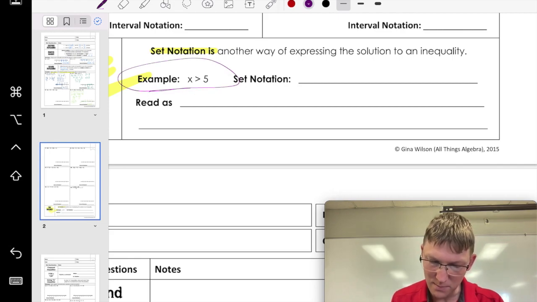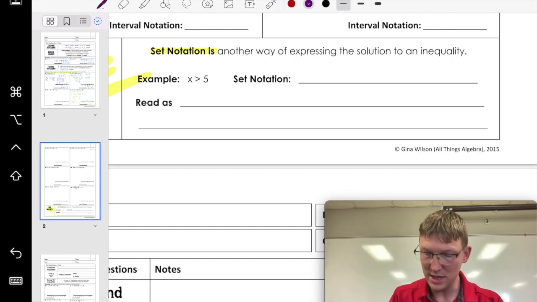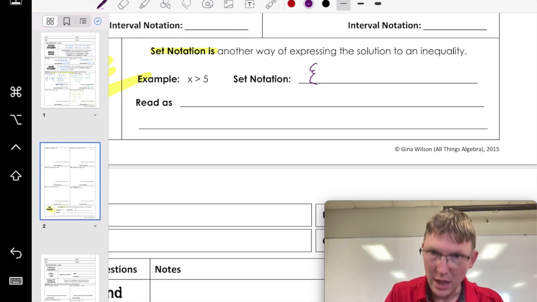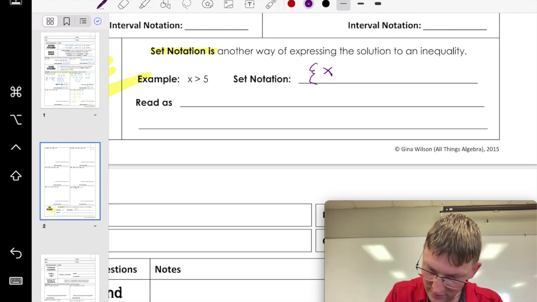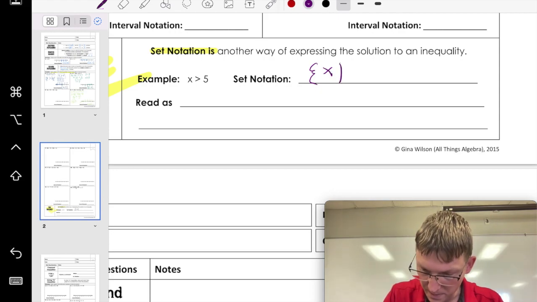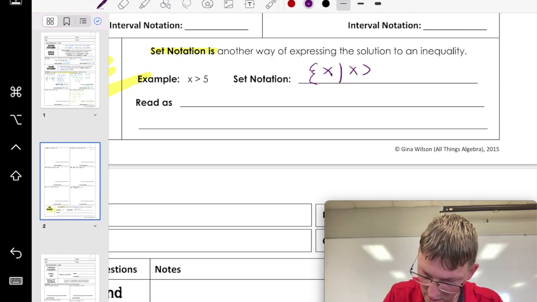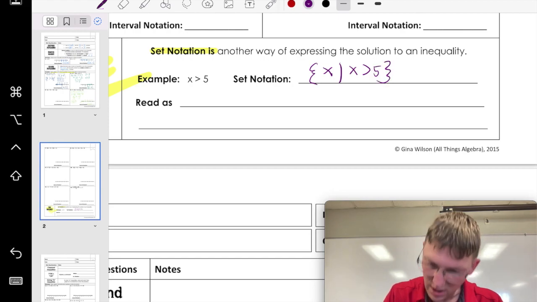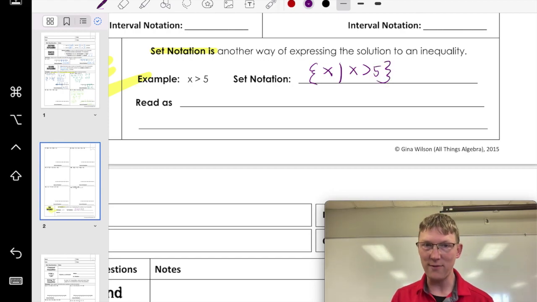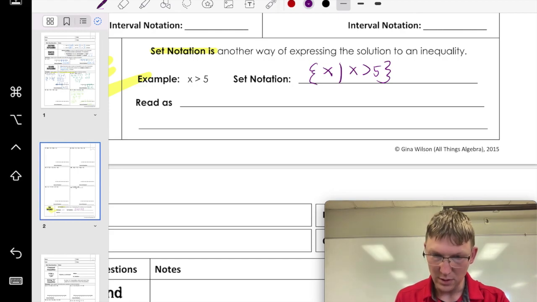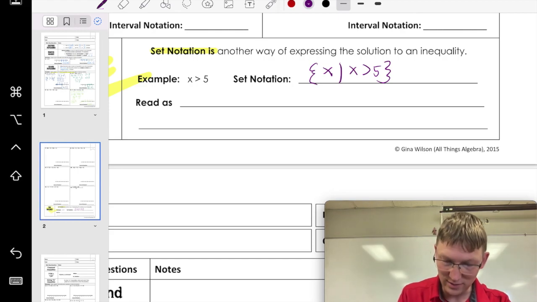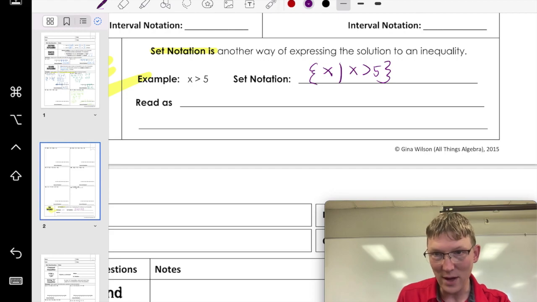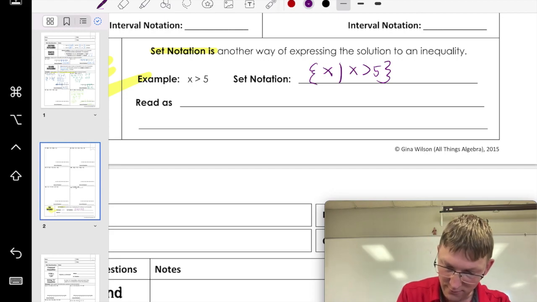So if we have our example, x greater than 5, in set notation, it would look like x such that x is greater than 5, and that is a set value. So then it is read as kind of how I said it, the set of x values where x is greater than 5.